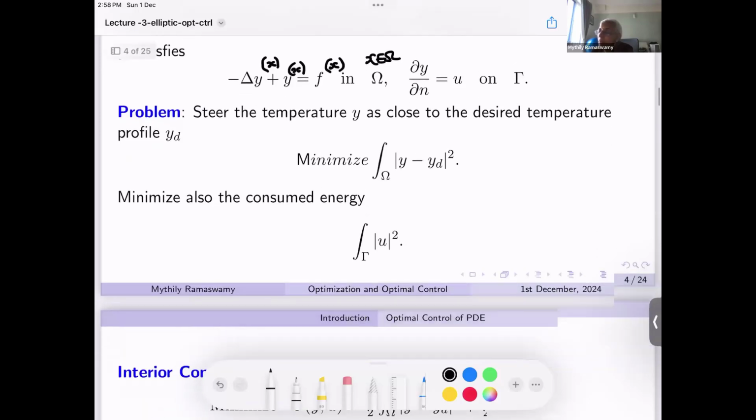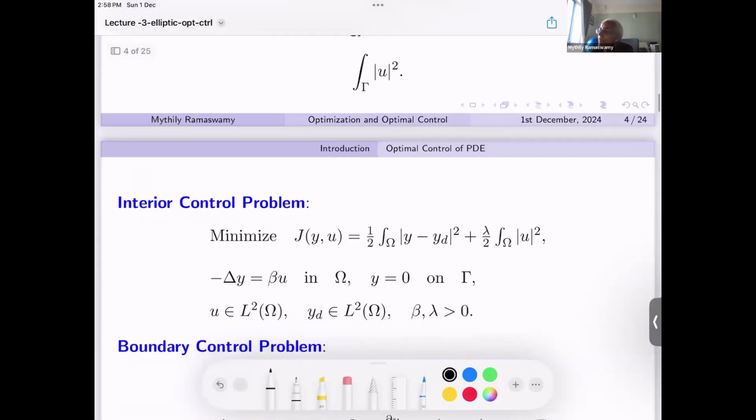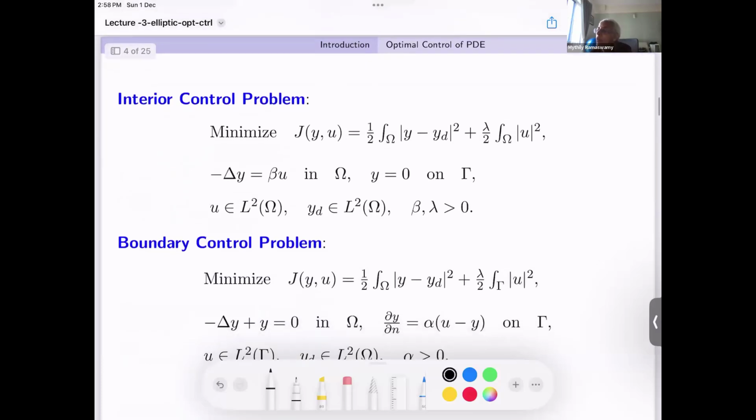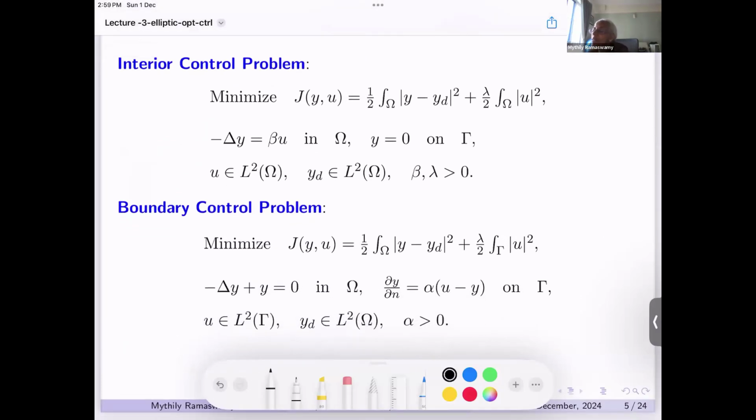The question was about the functional in the interior problem. In both cases, y minus yd square is the same. But the control term in the interior control problem, u is defined in the interior, not on the boundary. So I have to integrate u in the interior only. That is why I have taken integral over omega of u square.